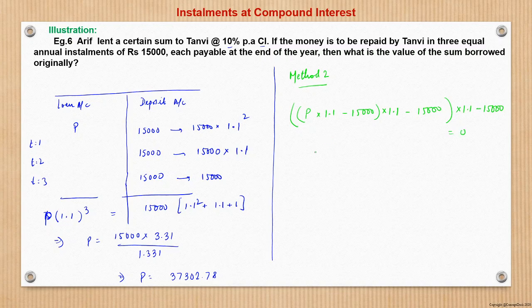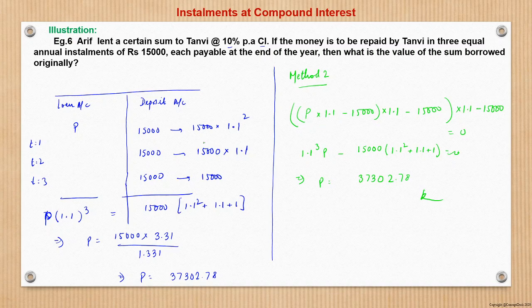So if we solve this, it will be nothing but 1.1 cube P minus 15,000 into (1.1 square plus 1.1 plus 1) is equal to 0. So from here if we solve for P, again we get the same thing, that is 37,302.78.